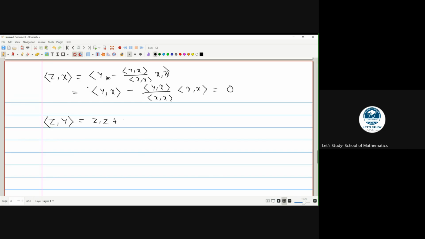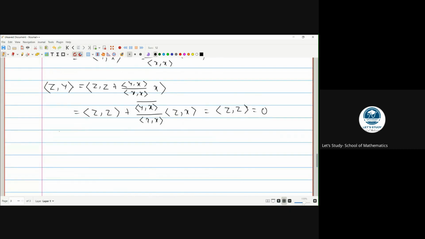Y is z plus the projection term. So we can write this, hence we will get this.